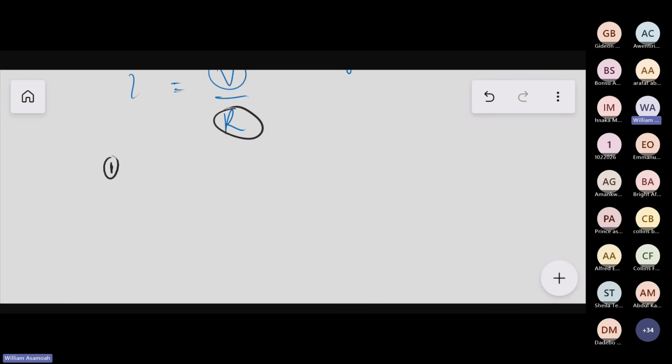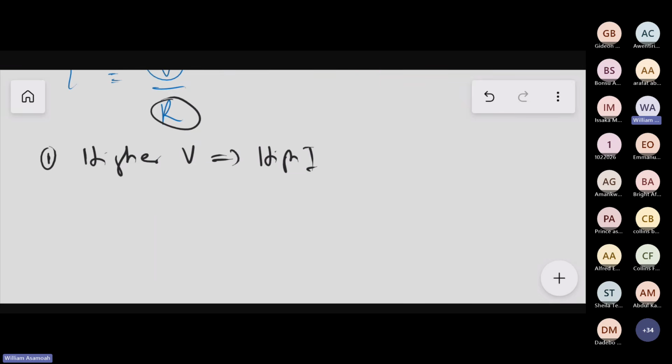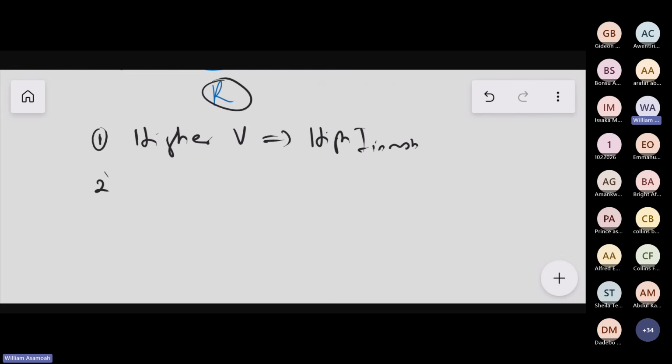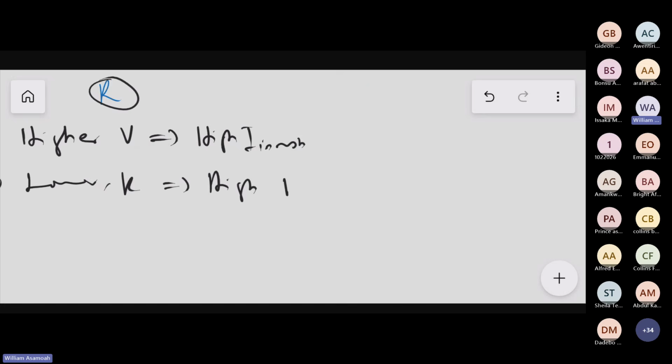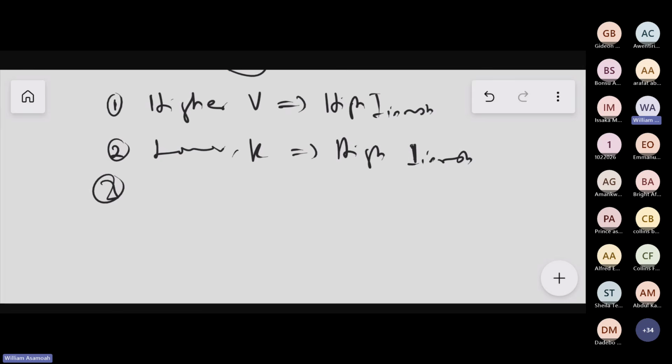So I said there are three things here. One, higher V would give us higher inrush I. Two, lower R would give us high inrush I. Three, if the capacitor is large, it will take more time to charge.